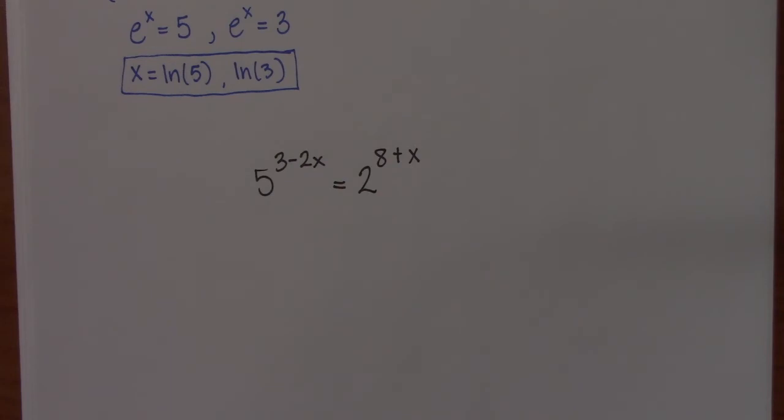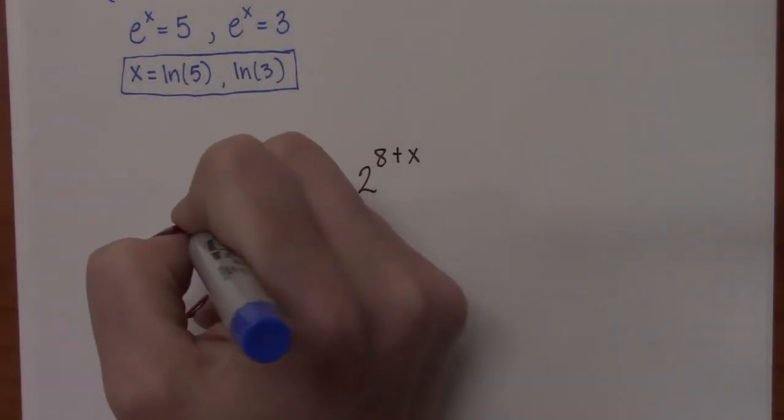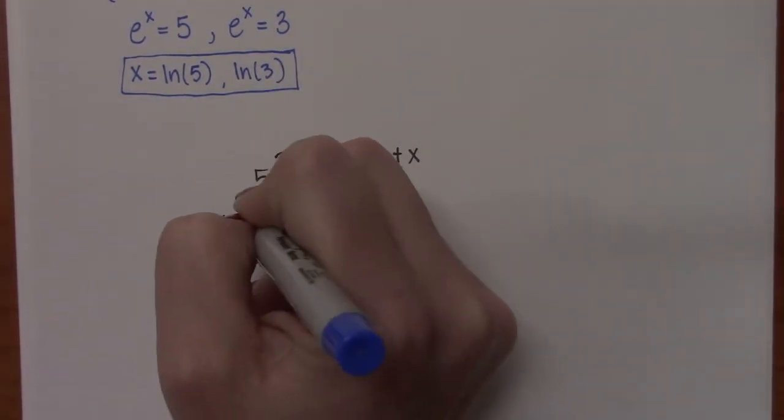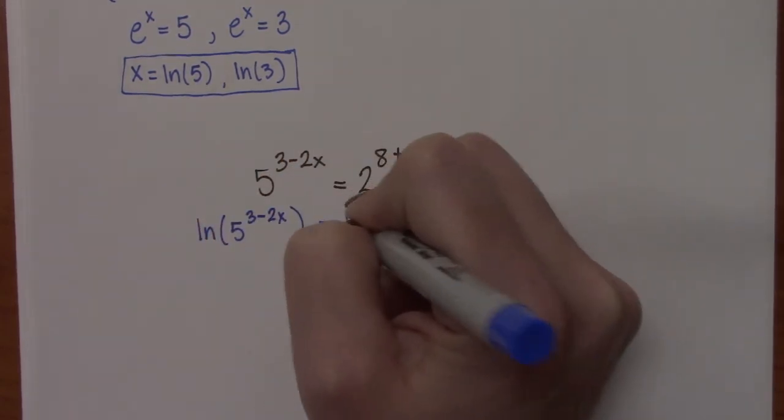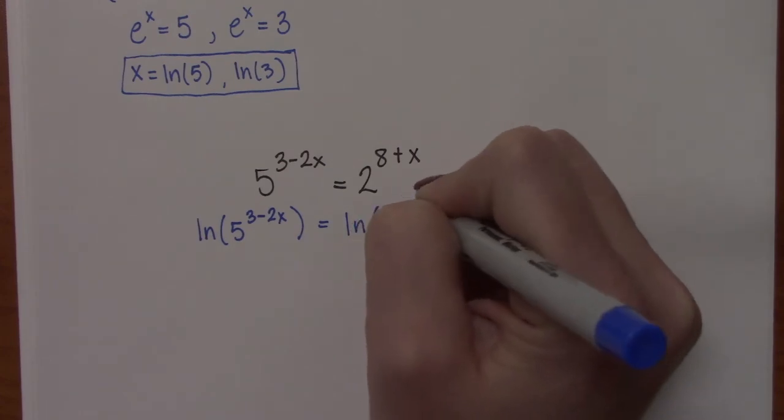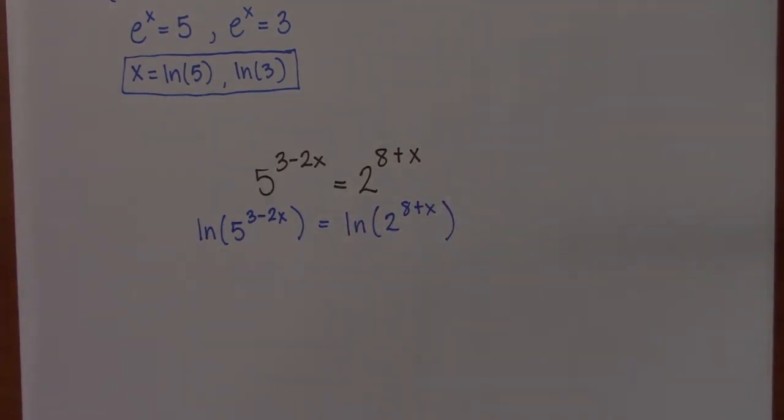You could use log of both sides, but typically in this case where any log will do, we usually just use natural log, because if we're going to have to write it a lot, natural log's easy to write and it's easy to work with. So I'm going to take the natural log of both sides. But theoretically, any log I want to use would work here.